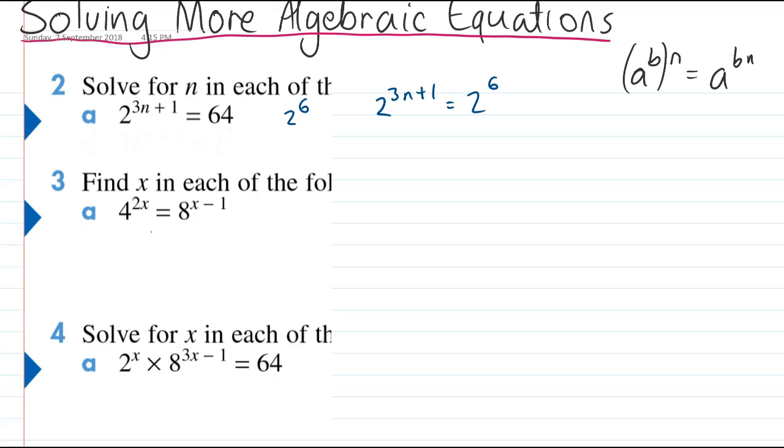With that in mind, and with the conclusion from the last video, we can get rid of the 2's and say that 3n plus 1, this exponent, has to equal 6, this exponent.